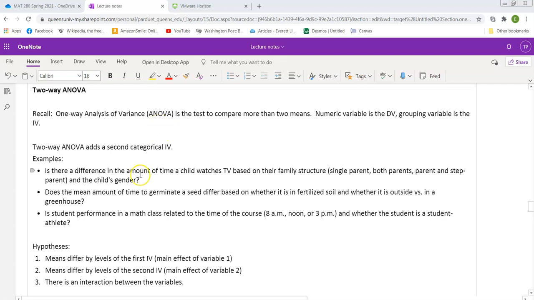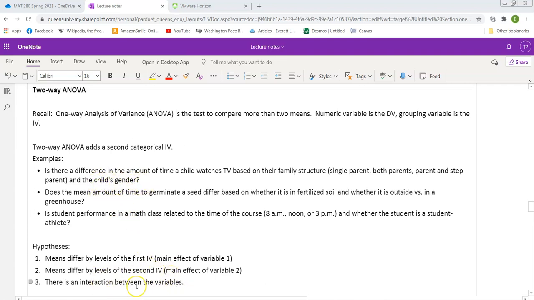So if we're looking at this example up here, the one we looked at before, family structure. Is there a difference based on family structure? The second hypothesis is, is there a difference by the second variable, gender?